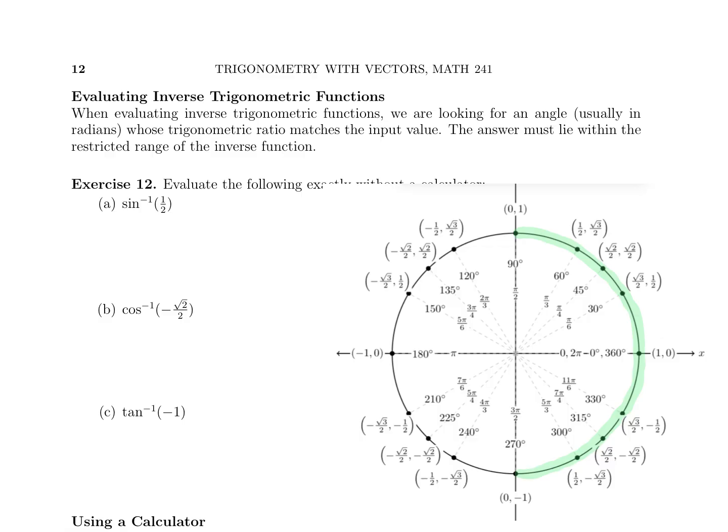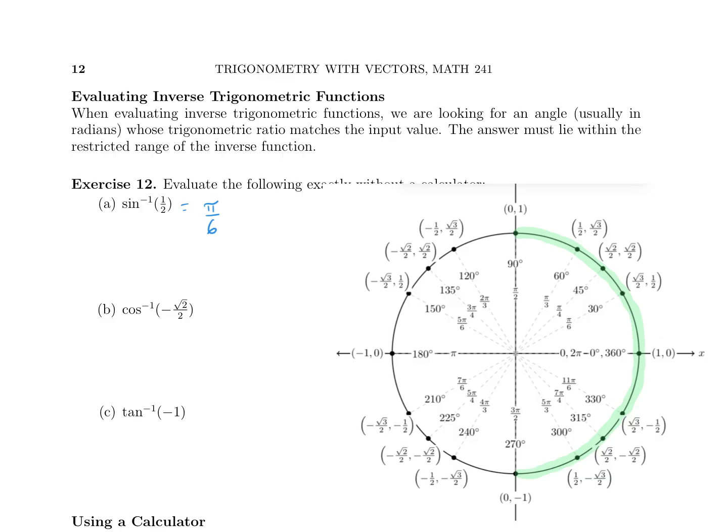Since sine is a y coordinate, we're looking for which angle on this right side of the unit circle has a y coordinate of 1/2. It turns out to be right here, and it's 30 degrees or pi over 6, whichever you would like to use is fine. But typically, in most cases, they want radians, so I'm just going to go with radians. So in this case, the answer is pi over 6.